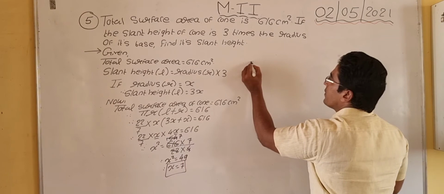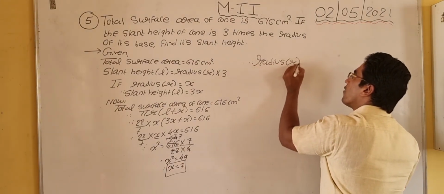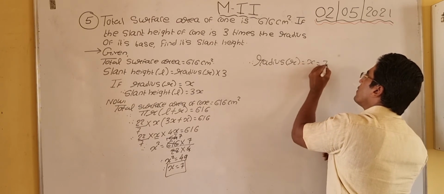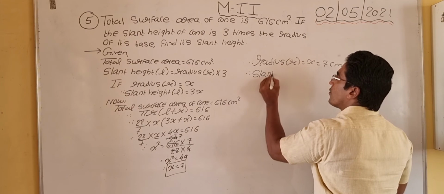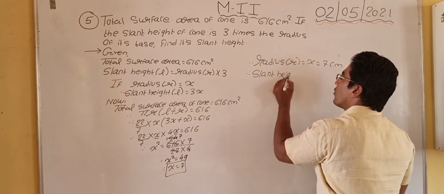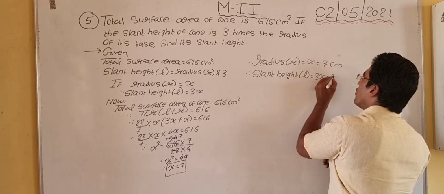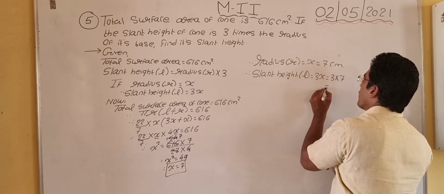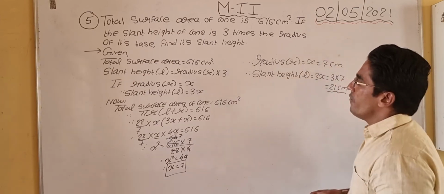I got the value of x, therefore radius r is x, 7 centimeter. Therefore slant height L is 3x, 3 into 7, that is equal to 21 centimeter. So very easy sum.